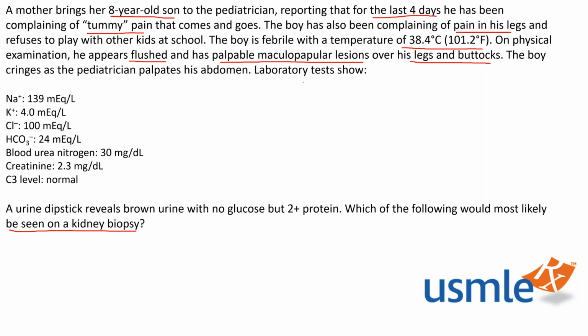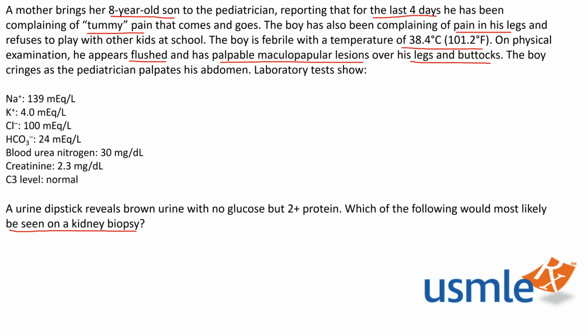You can see it in adults, in a few different scenarios, but that's definitely one to memorize, the 5 or 6 or 7 things that can do that. So anytime you see the words maculopapular lesions on an exam, you can go, hey, it's probably going to be one of these things. So the boy cringes as the pediatrician palpates his abdomen.